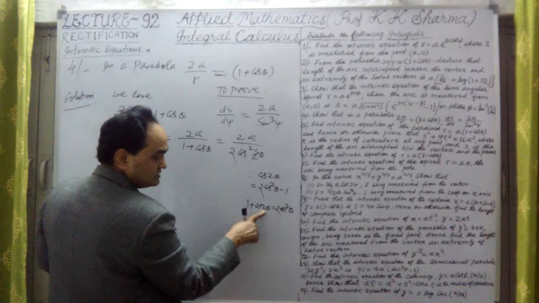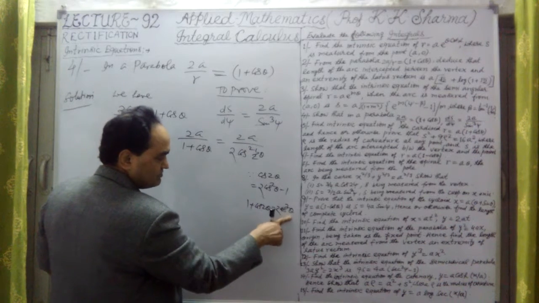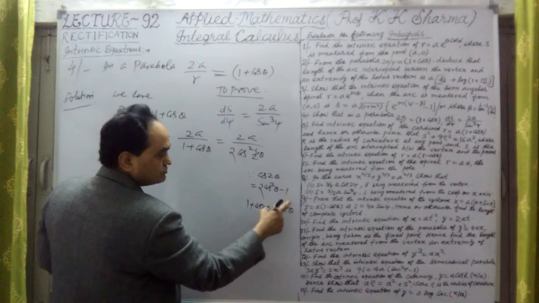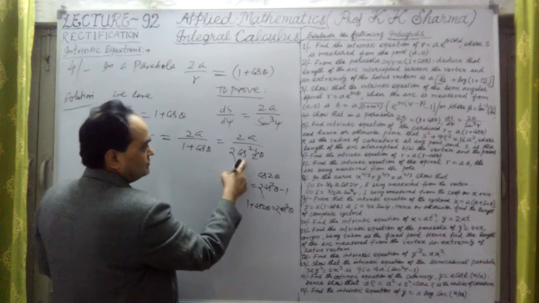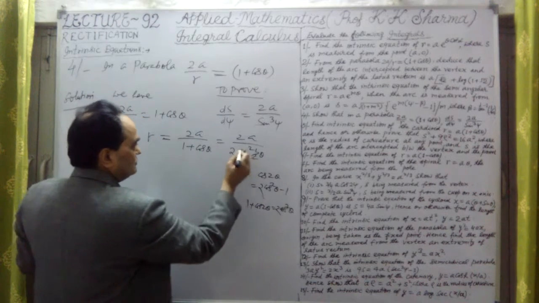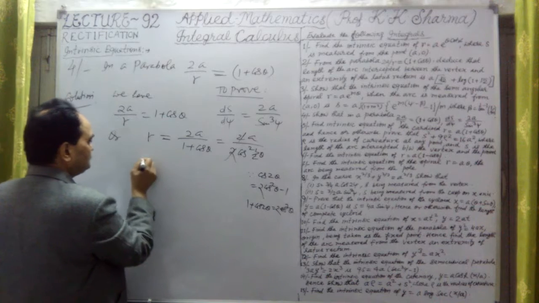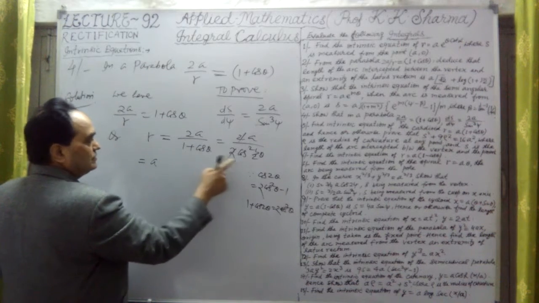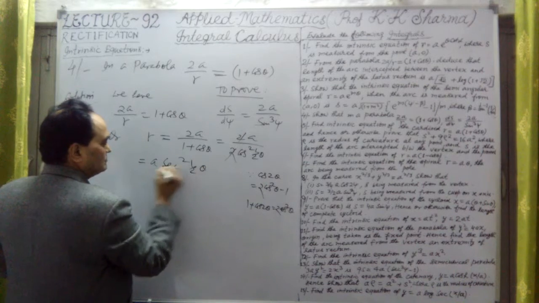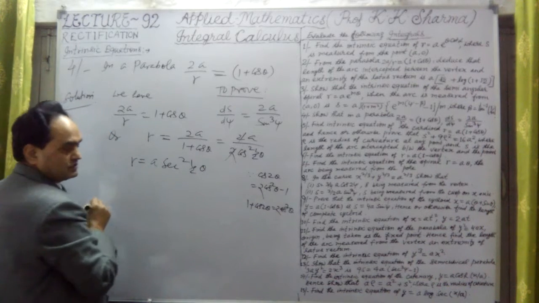If the angle is twice here, the angle is single there. So 1 plus cos theta will be 2 cos square theta by 2. The 2s cancel out, so we obtain r equal to a into secant square half theta.